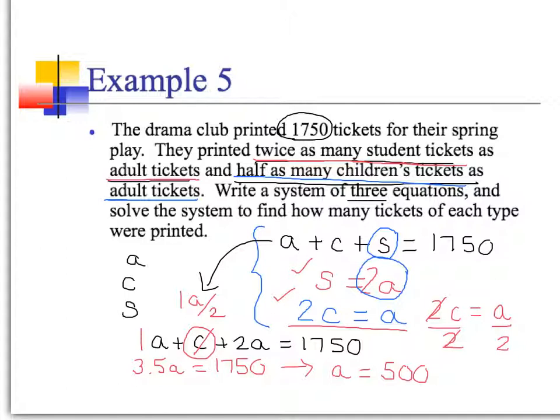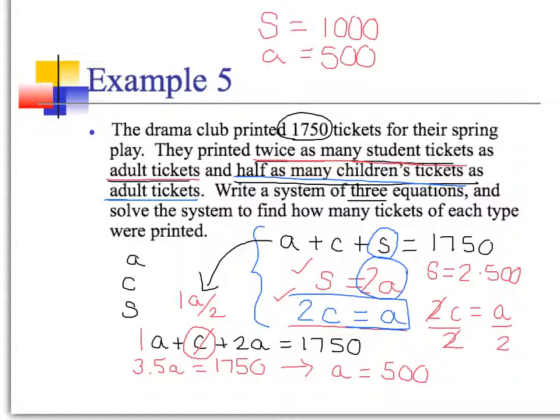Student tickets is equal to 2 times A, which would be 2 times 500. So the number of student tickets, sorry I'm running out of room, would be 1,000. And I already figured out the number of adult tickets is 500. Now I need children's tickets. Well, I can use this equation.